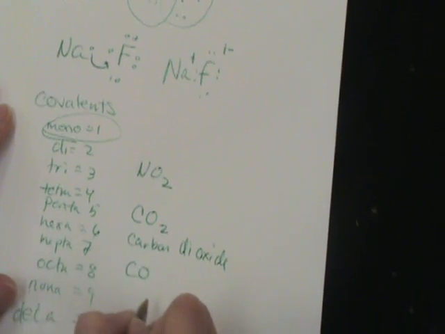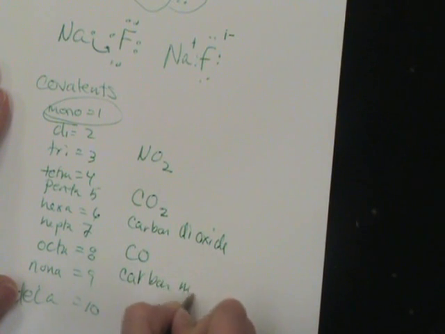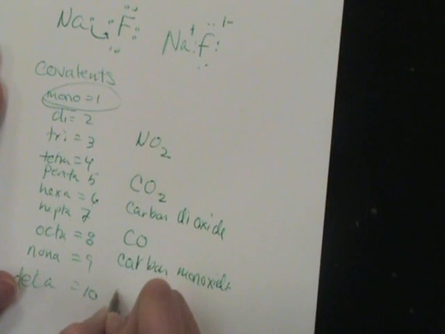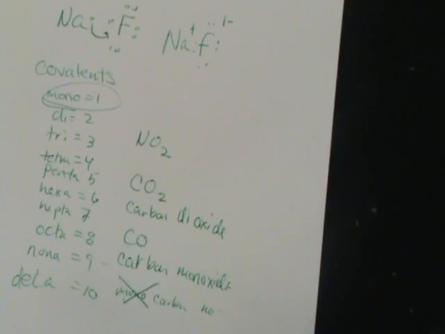Or if you have CO, this is carbon monoxide. We don't call this monocarbon monoxide, okay? We don't do that. If it's the first one and it's by itself, you don't put mono in front of it. So, let's go back over here and look at these.